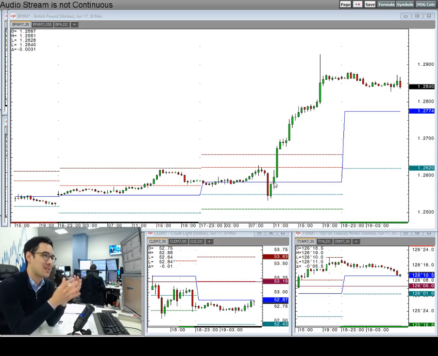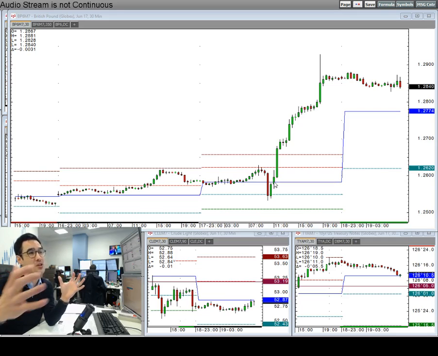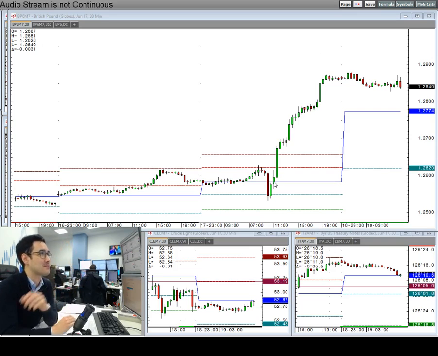Then the process of negotiation would have gone back and forth, a very long timeline. This then gets severely shrunk, and hence the more clarity, and hence the positive reaction that you've seen in the pound. So that hopefully explains a little bit of the reasons why we rallied so aggressively yesterday.